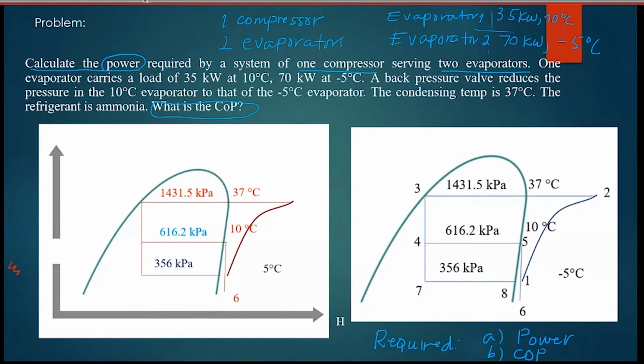So meaning the second evaporator is at a much lower pressure and temperature, from 10 degrees to -5. When we lower the temperature, of course the pressure follows. So evaporator 2 has lower temperature and pressure also. We will explain that a bit later in the pH diagram.